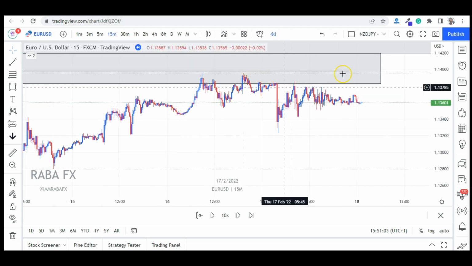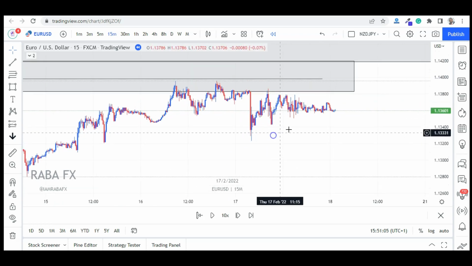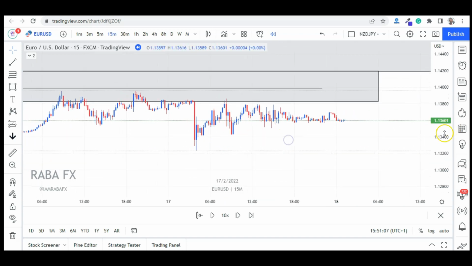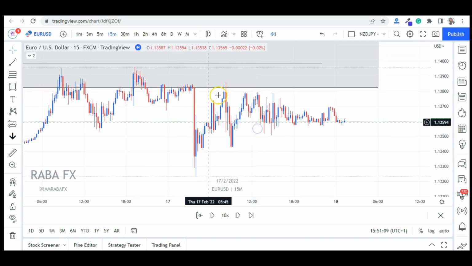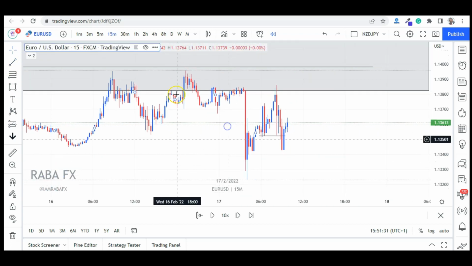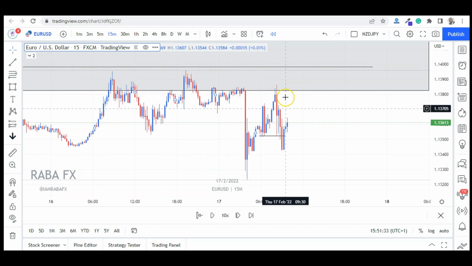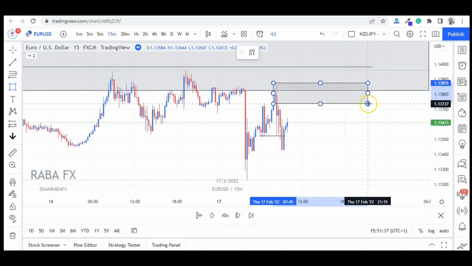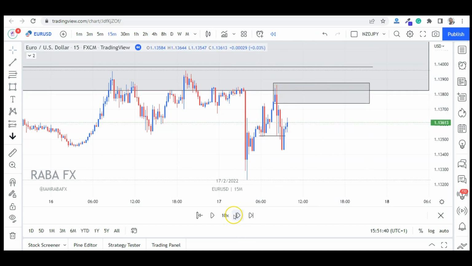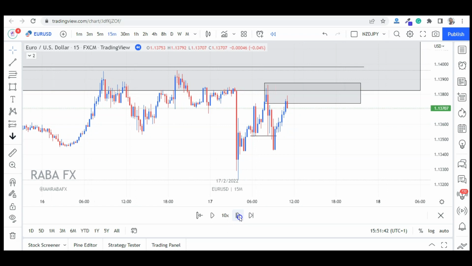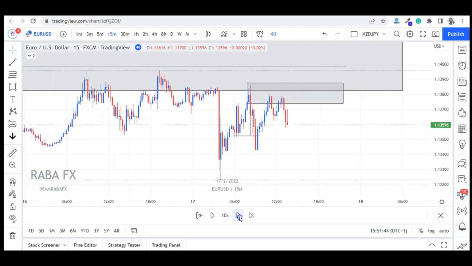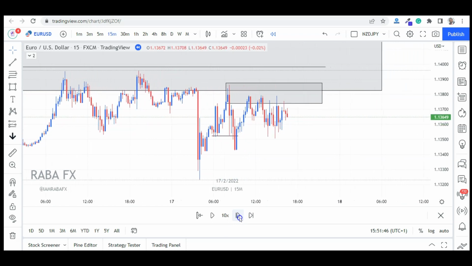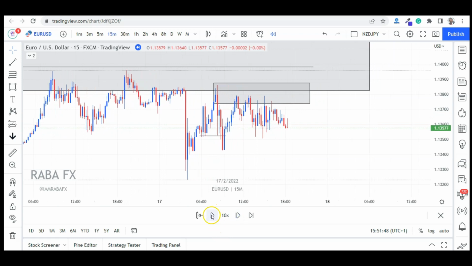However, we would have gotten an entry here already. Or for example here, when price created this low. So on the 15 minutes, we have seen the structure play out. So you can decide to sell from here and wait for price to move in there. Now we have our entry, and then you can allow price to move.